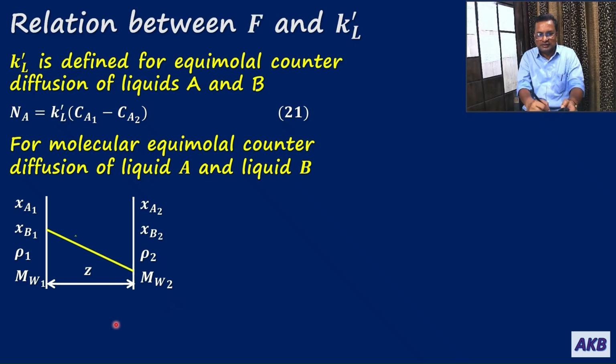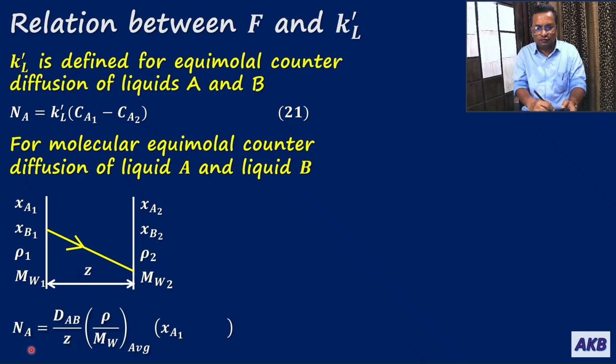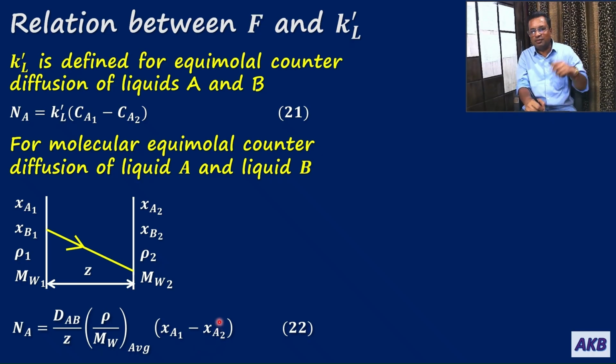For this case, for diffusion of A, the equation for molar flux is Na is equal to DAB upon Z into rho upon MW average into (XA1 minus XA2). I have derived it in my discussion on molecular diffusion through liquids. I am calling it equation 22.